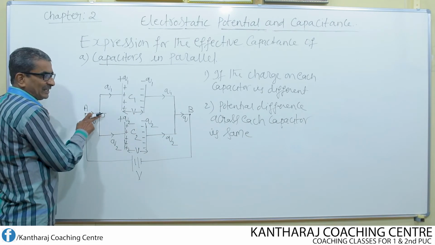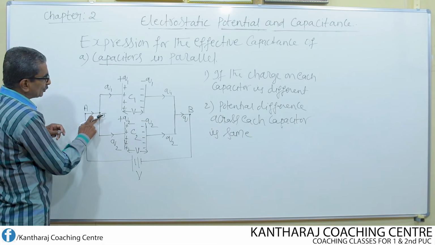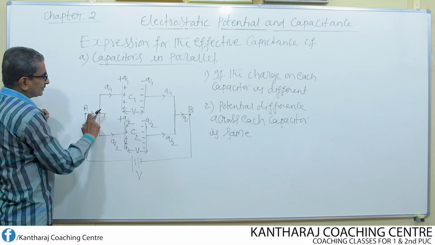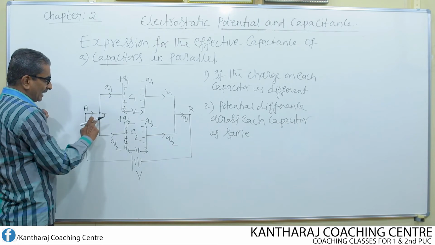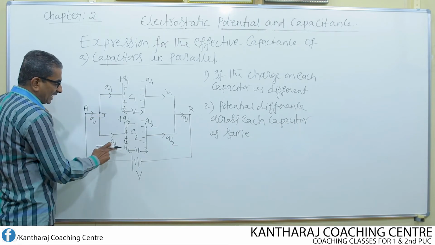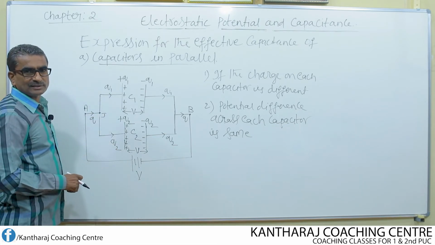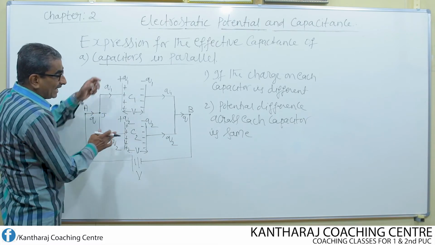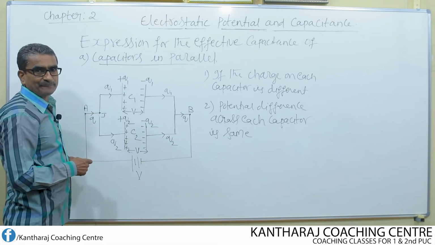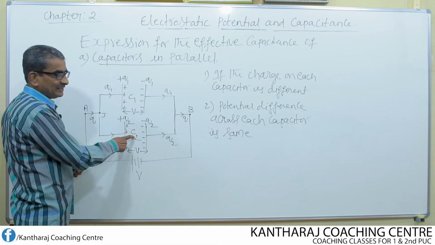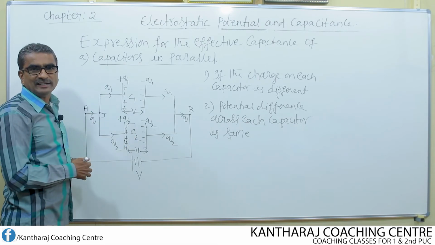So when the charge Q enters into junction, it splits into two parts. One part flows like this as Q1 and the other part flows like this as Q2. So the charge gets divided unequally, not equally, because the capacitance are different. That's why the charge also gets divided unequally.